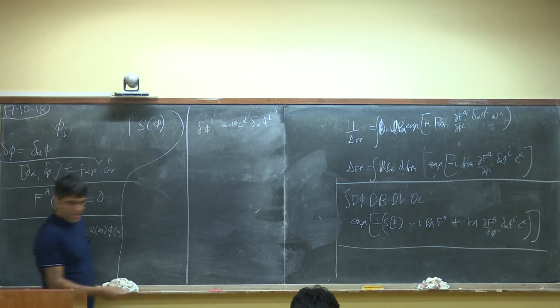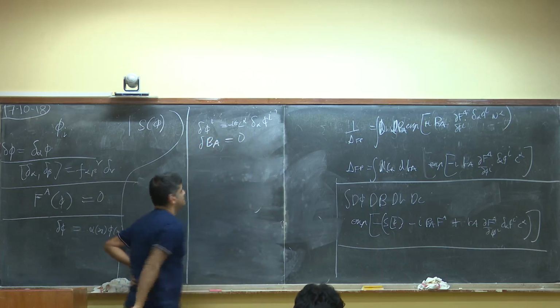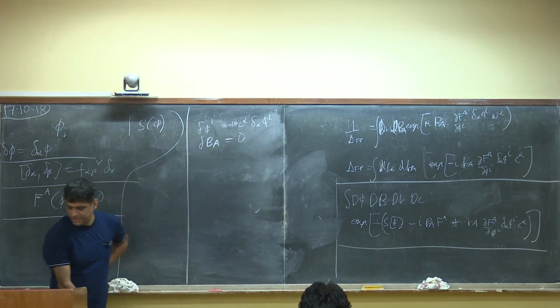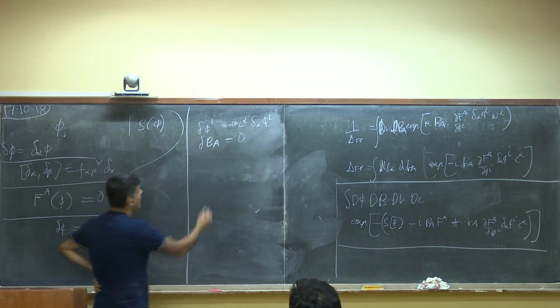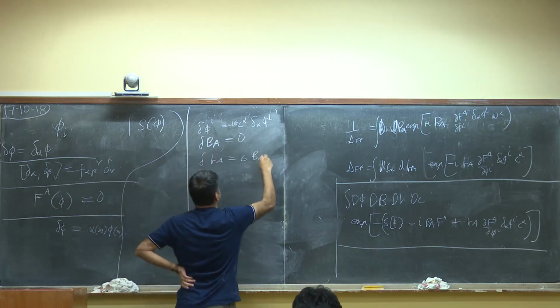Delta B_a is equal to 0. Delta b_a is equal to epsilon B_a.